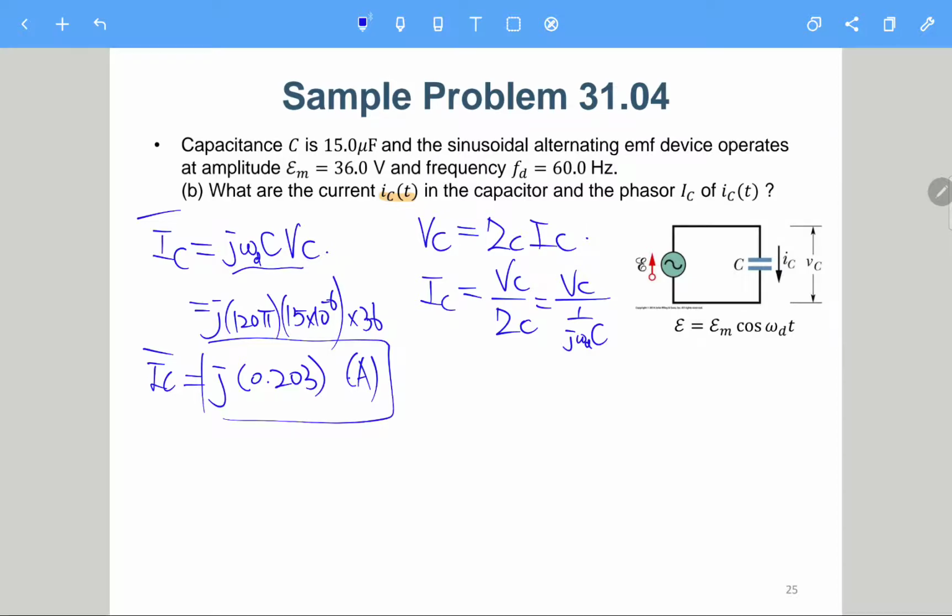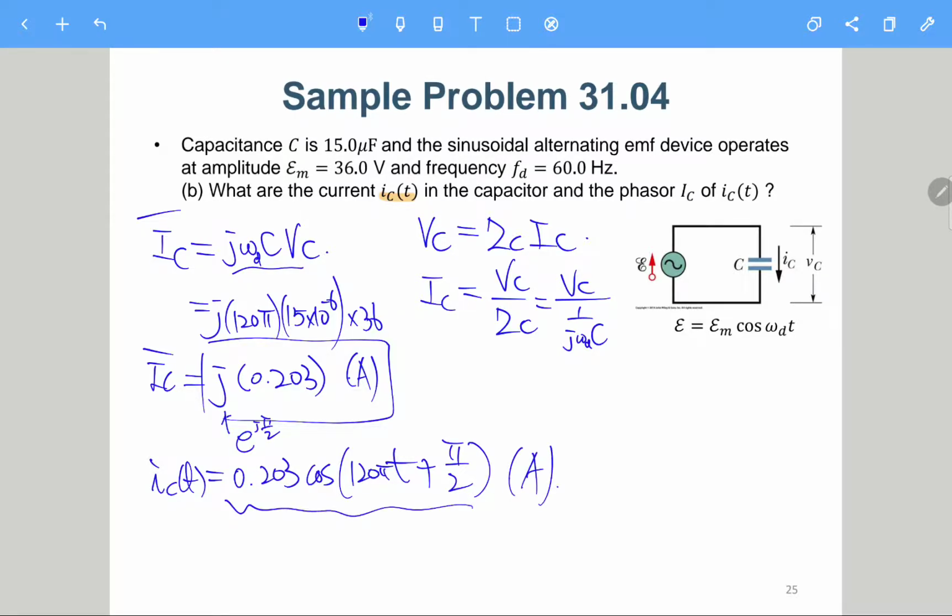Given the phasor like this, we will see that I_C of t will be 0.203 cosine 120 pi t plus pi over 2, since this is actually exponential to j pi over 2, A. So this is the time domain function of the current.